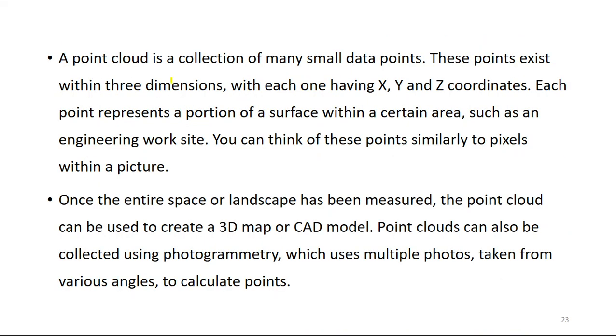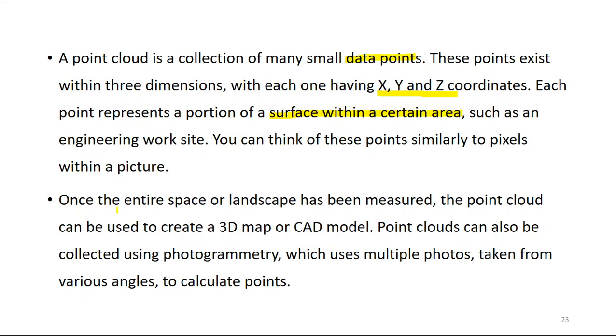A point cloud is a collection of many small data points, and these points exist within three dimensions. So each one has an x, y, and z coordinate. Of course, each point represents a portion of a surface within a certain area. We can think of a point as similar to a pixel within a picture.